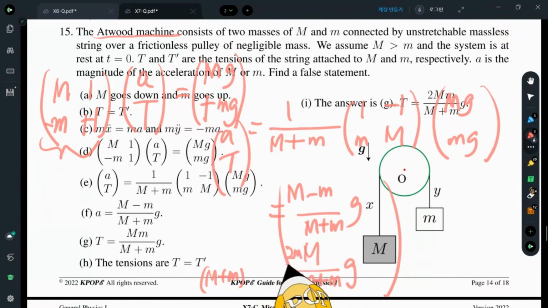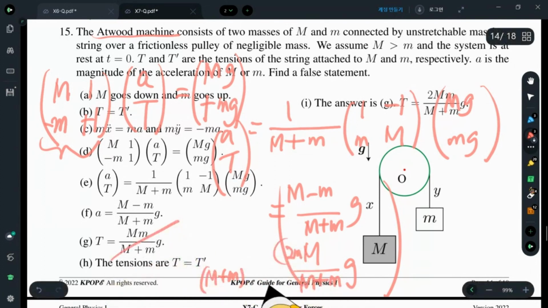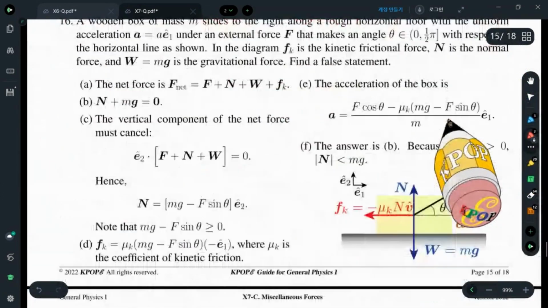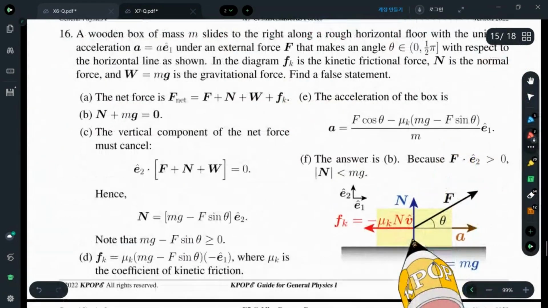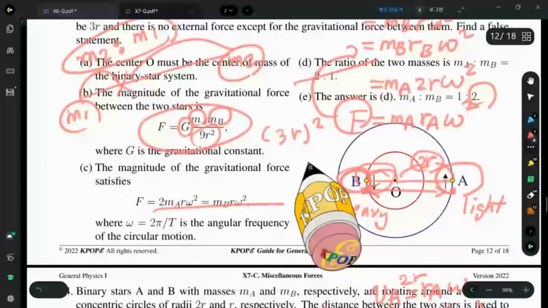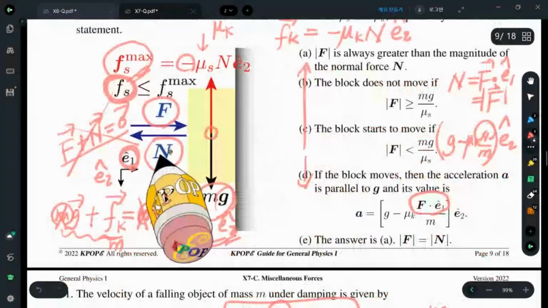Okay, so the factor of 2 is missing in here. Okay, this problem 16 is very similar to this problem.